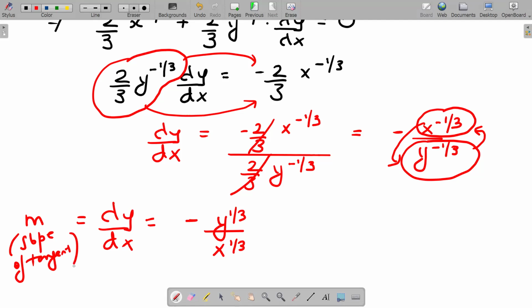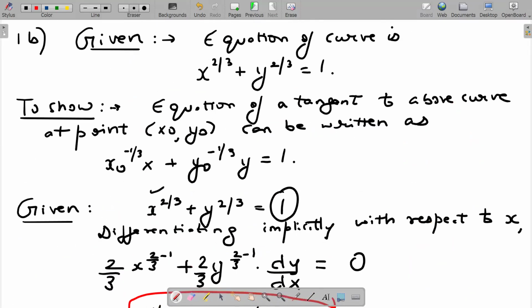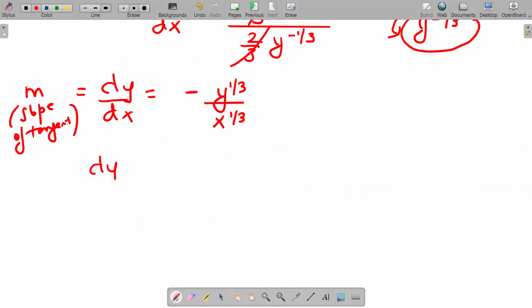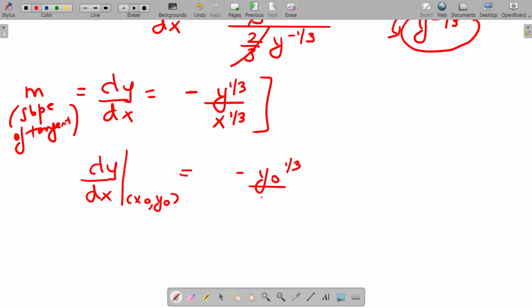Now, specifically at the point x0, y0, we need to find the equation of the tangent at the point x0, y0. That means I need to find the slope at x0, y0. The slope at the point x0, y0 will be, in this expression, put y as y0 and put x as x0.